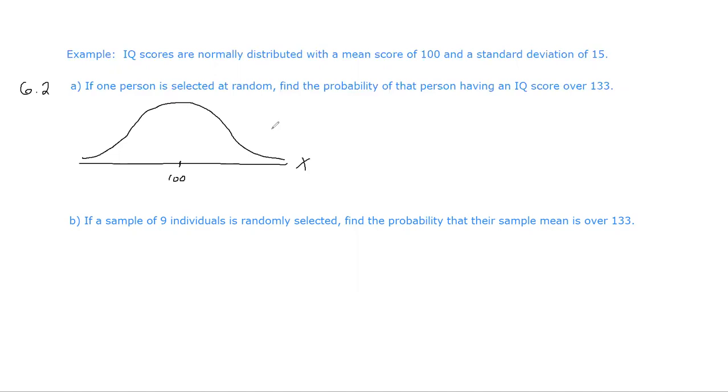This horizontal axis represents random variable values, individual IQ scores. Now, we're trying to find that the IQ score is over 133. Now, 133 is way over here. And I want to find the probability that I randomly select one that falls in this region because it said greater than 133.